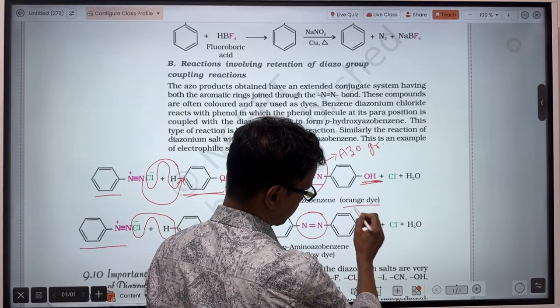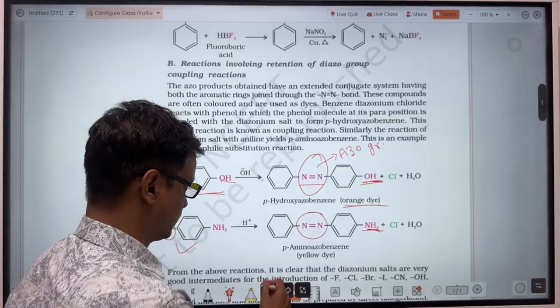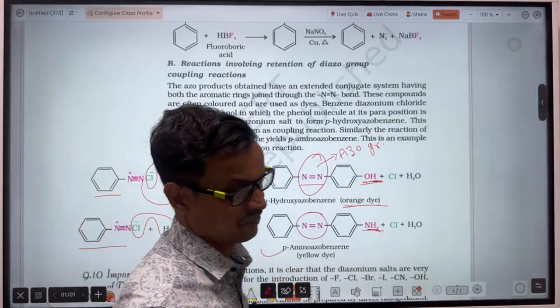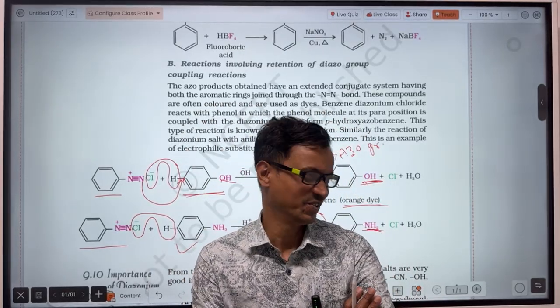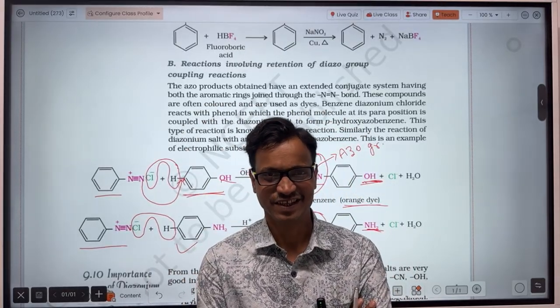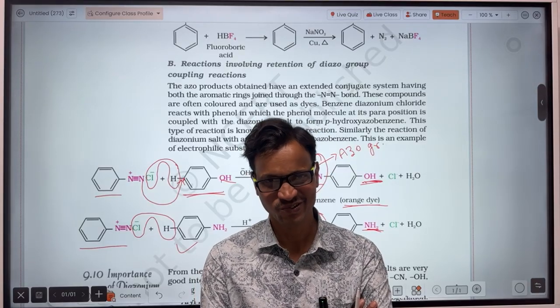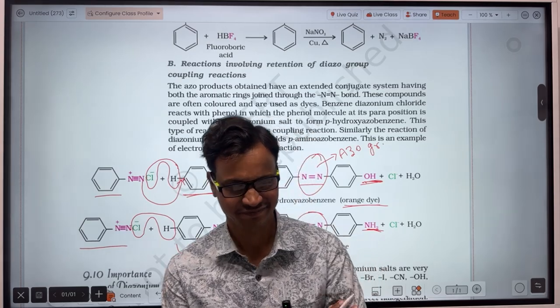Where there was OH, that was an orange dye, and with NH2 on this side, it will act as a yellow dye. So if you get confused in the examination about the color when NH2 or OH was there: OH, oxygen, orange color, and NH2, yellow dye.